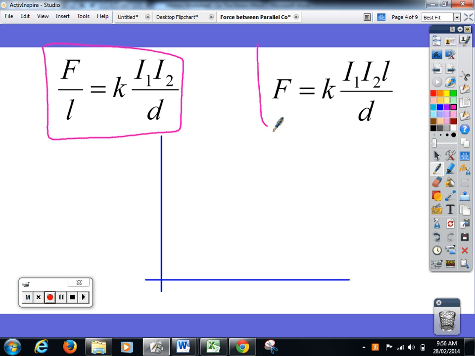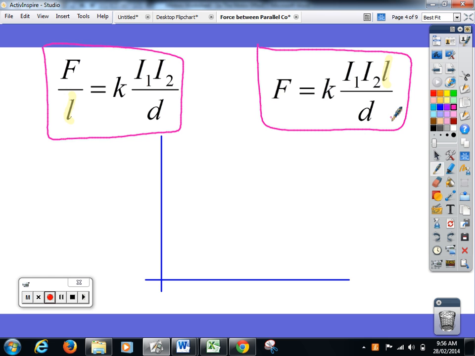And this is the one that most of us use in working with this. The only difference is that the L moves from up there to below there. Okay? And let's just identify what these things are.